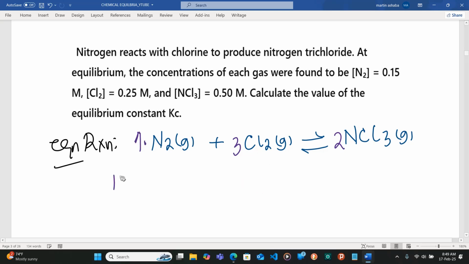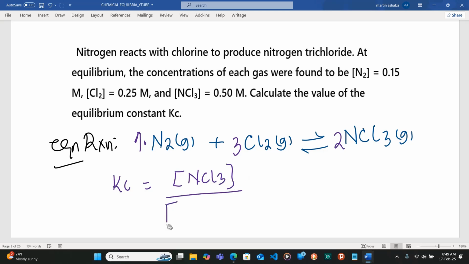So what is Kc? Kc, we said, is the ratio of the concentration of products divided by the concentrations of reactants. So the product is nitrogen trichloride divided by the concentration of nitrogen itself and the concentration of chlorine. So we are raising these to their stoichiometric powers, and this is 2, chlorine is 3, and this is 1. So we're just substituting the values here.